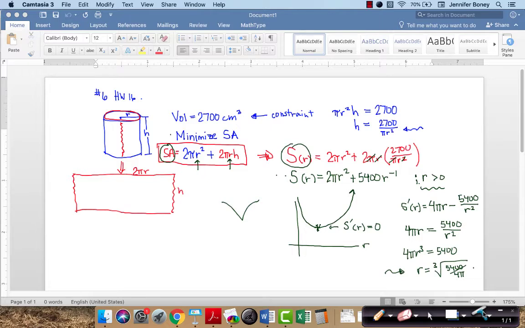Oh, we had a right triangle. All right, so sorry, I forgot what the question was. I had the wrong page up.